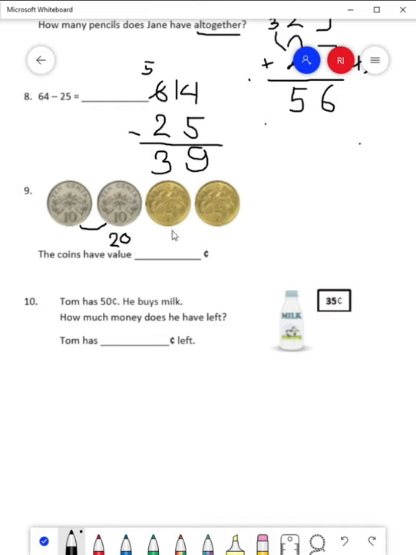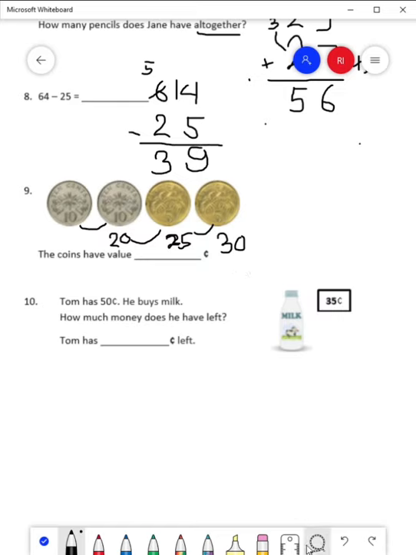And this one, 10 and 20, we add 5. 20 plus 5 is 25. 25 plus 5 equals 30.